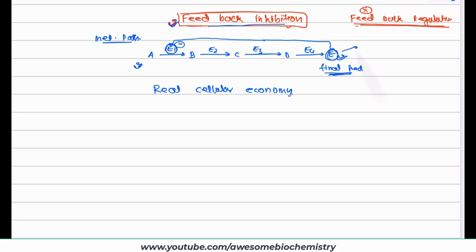Once the final product is consumed by another pathway for other purposes, its concentration will decrease and this inhibition will be lifted. So once again this pathway can be activated. So useless production, or accumulation, of the final product can be prevented, and our resources will be properly utilized. So this actually represents a real cellular economy.